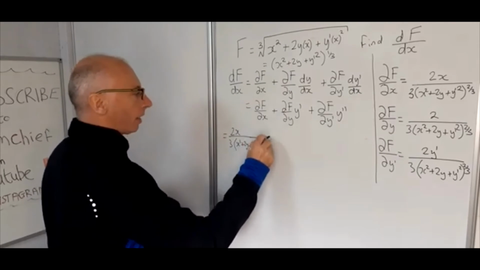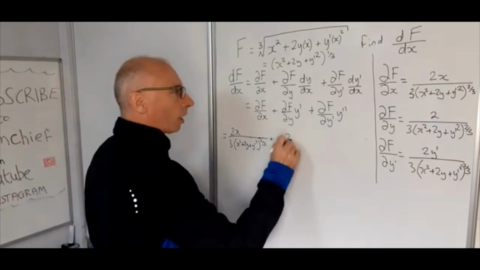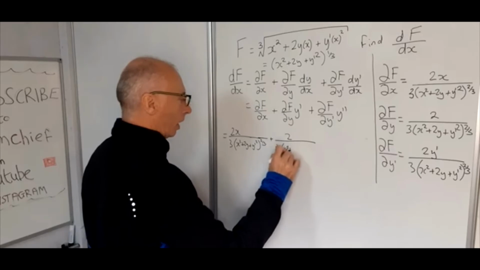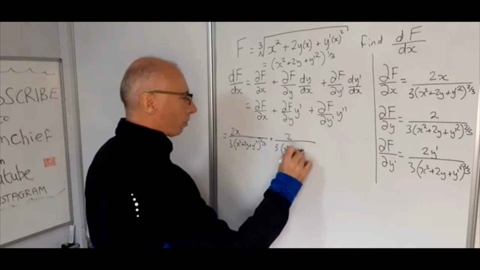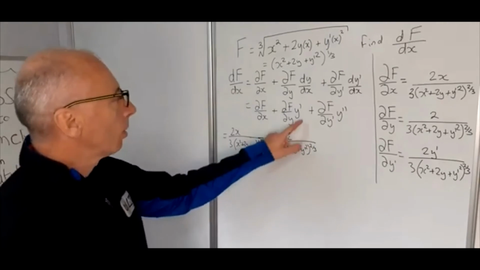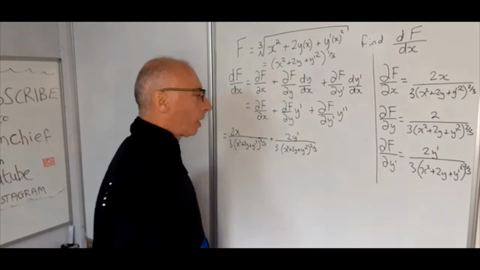And then we're going to add the next partial, which is just 2, over this same denominator, 3 times x squared plus 2y plus y prime squared to 2/3. And now we're going to multiply that by y prime. So then that becomes 2y prime.